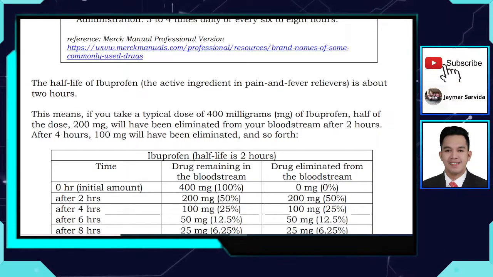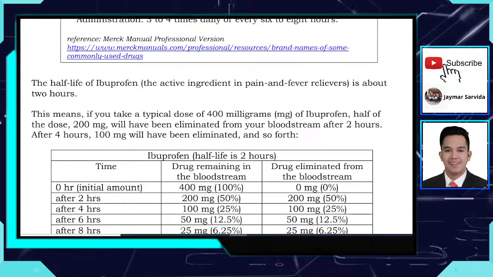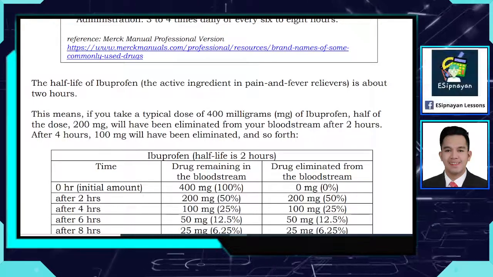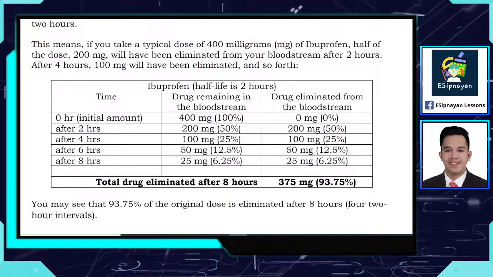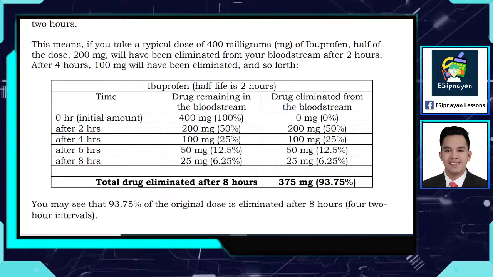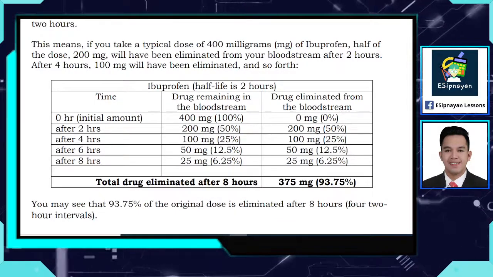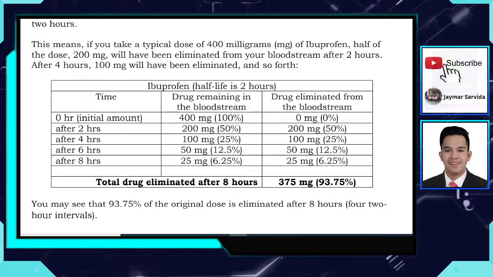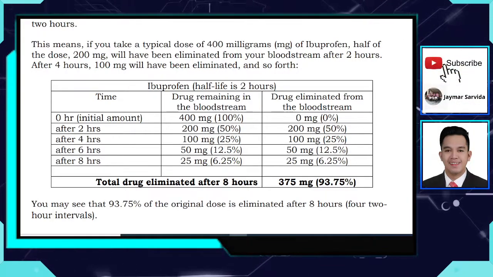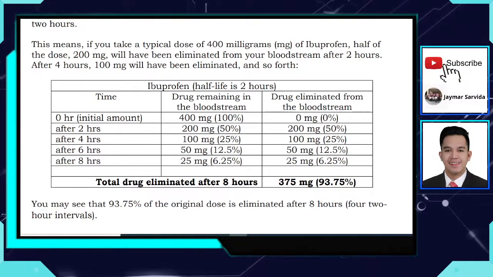Then after 4 hours, 100 milligrams will be eliminated, and so forth. Okay, so ito yung ating half-life. Ibuprofen, half-life is 2 hours. Ibig sabihin kalahati. After 2 hours, mawawala yung kanyang effectivity.